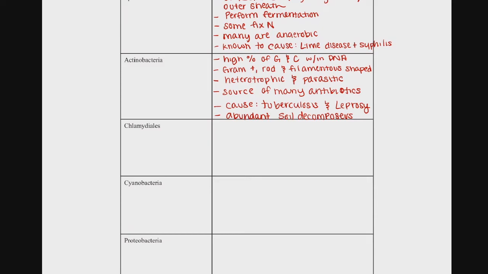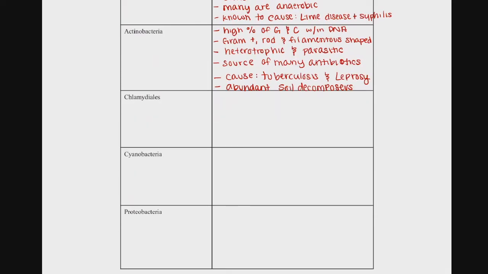Alrighty. So moving on to the last three. This group of bacteria is called Chlamydiales. It is spherical shaped and very small. All known species are parasitic and live inside host cells.